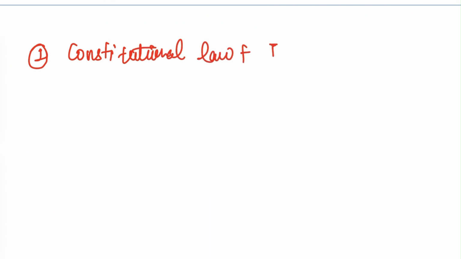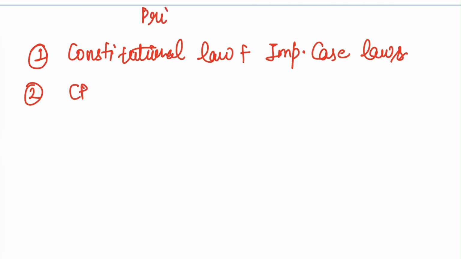What are the important topics that you have to cover? The first is the constitutional law, along with all the important case laws. Second is your CPC, the Civil Procedure Code. This is the order of preference, or the priority you have to give to the subjects. The same sequence you have to follow.